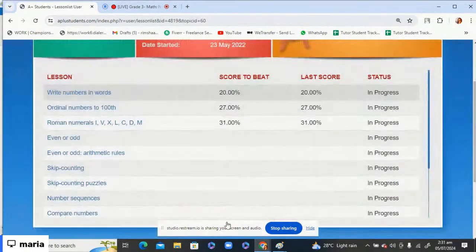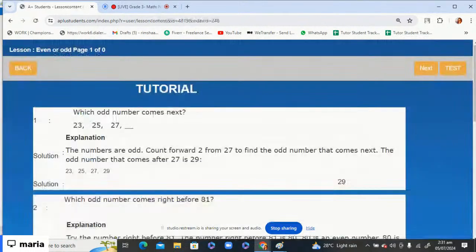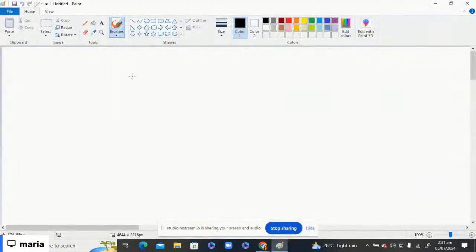So the next lesson is even or odd. Which odd number comes next? Now let's check it out. Look here. 1, 3, 5 are the odd numbers. The numbers that come in between, like 2, 4, are the even numbers.